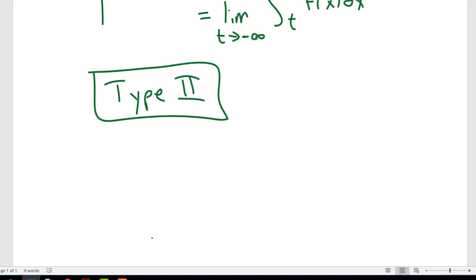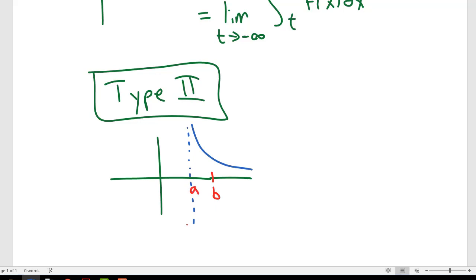So let's say, visually I could have something like this. Let's say I have a vertical asymptote on this side. And we're looking, let's say from b to a, and there's a vertical asymptote at a.